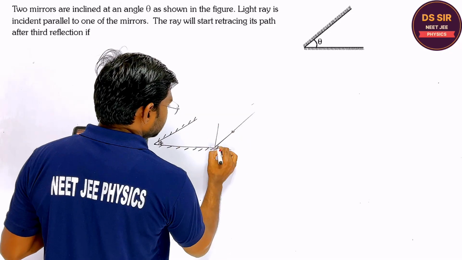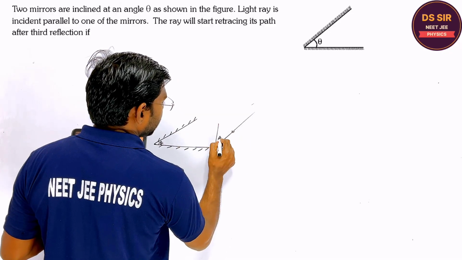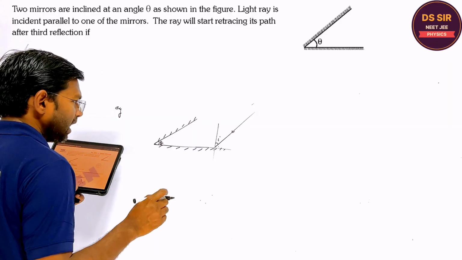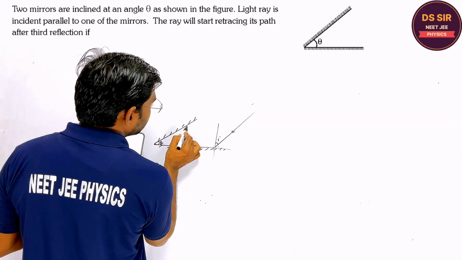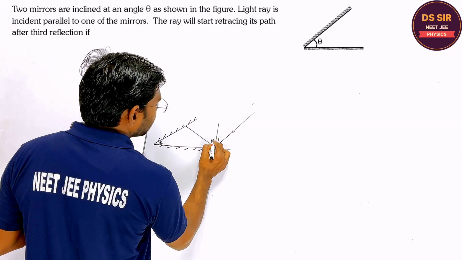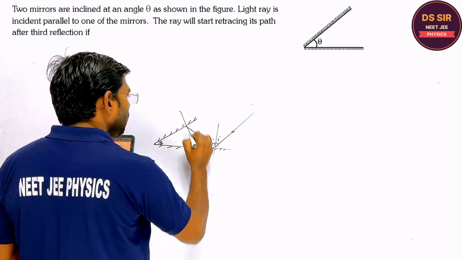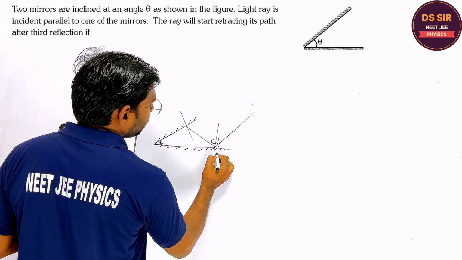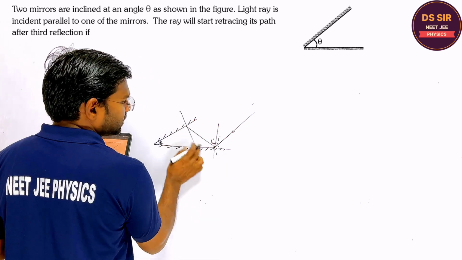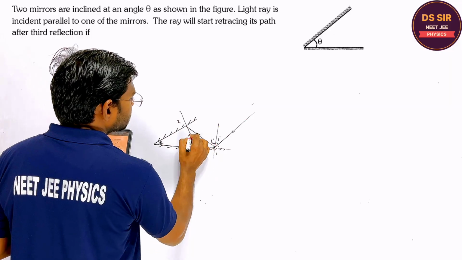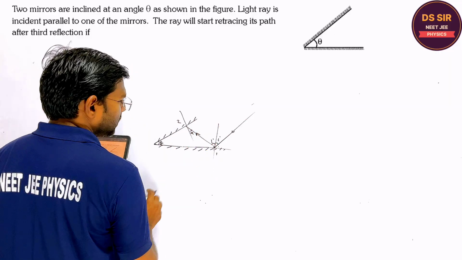So this angle is theta, then this angle is I. After reflection, listen, it is I like this. Now after the third reflection, this is the first reflection, this is the second reflection over here. Suppose this is the angle alpha.